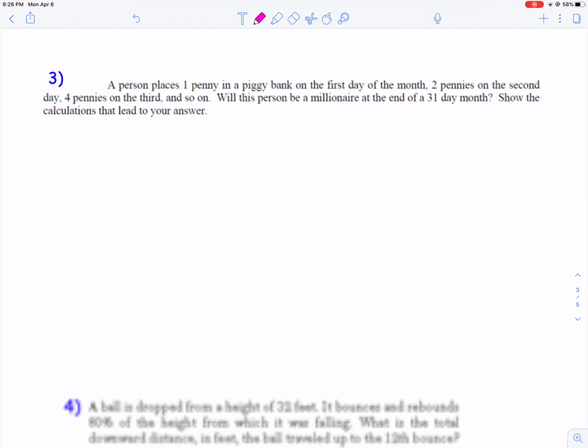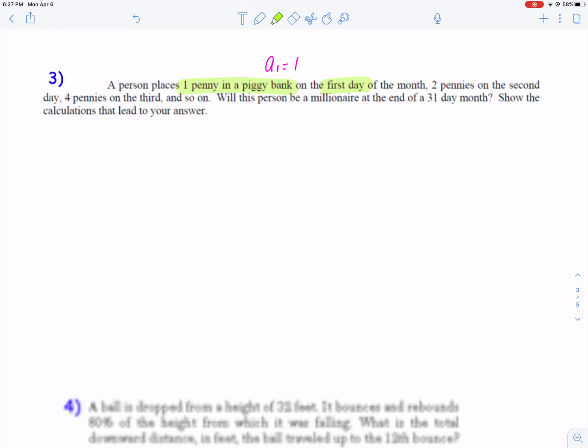Number 3, they're talking about a person placing 1 penny in a piggy bank. Let me just highlight. 1 penny is going in this piggy bank on the first day. So I'm immediately thinking, let's simplify and say a sub 1 is 1, representing 1 penny.